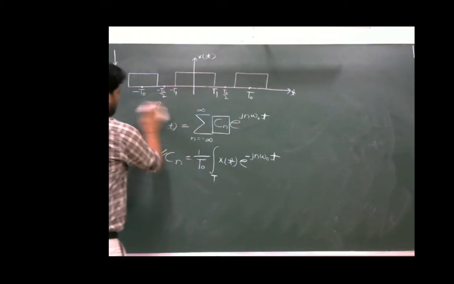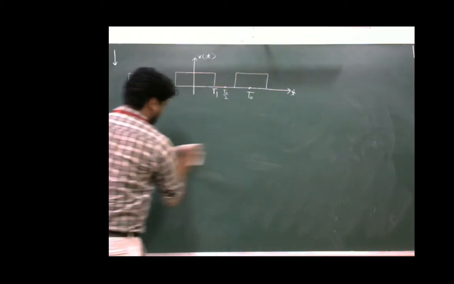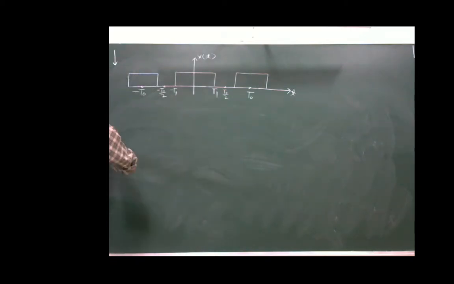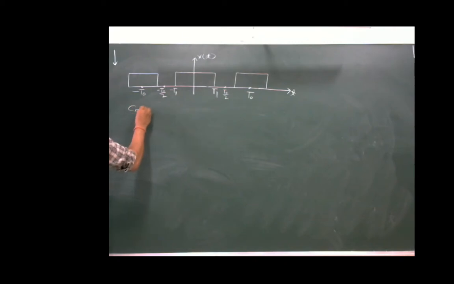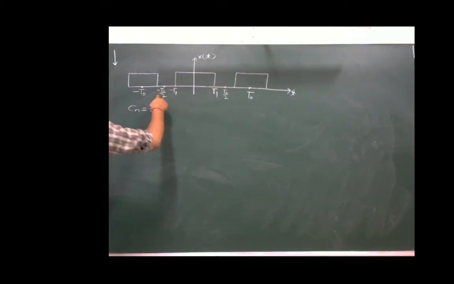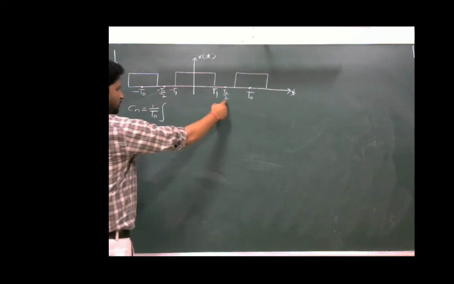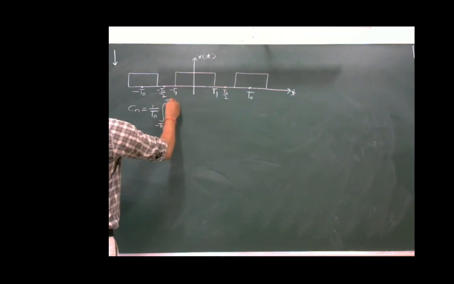So we will go for the determination of Cn by using the relation Cn is equal to 1 upon t naught, integration over one time period. This one time period I can take from minus t naught by 2 to plus t naught by 2.